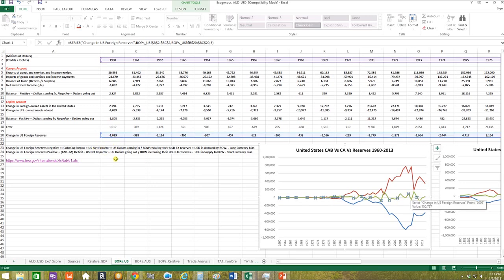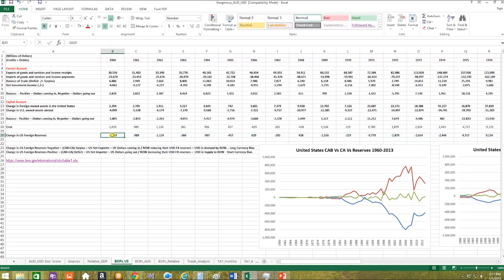So the green line that you see is the balancing item and essentially the change in US foreign reserves. Now, if you go up to the current account balance first, you'll see that overall in 1960 we get a positive number.